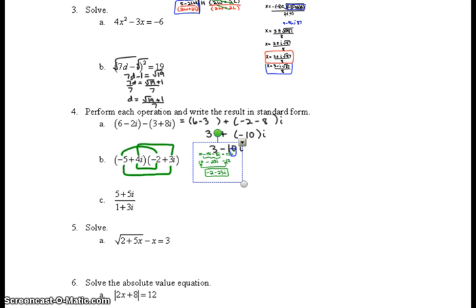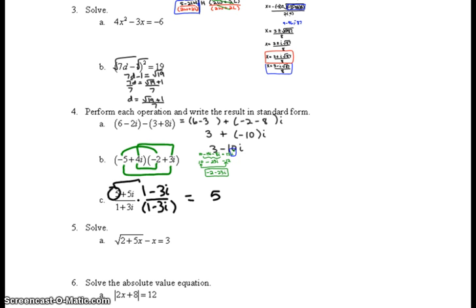Okay, on number 4C, we must multiply the top and the bottom by 1 minus 3i. And then we're going to do the FOIL method. So we've got 5 times 1 is 5. That's the first term.